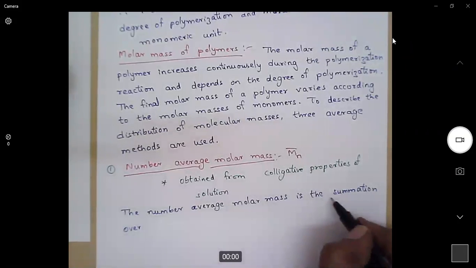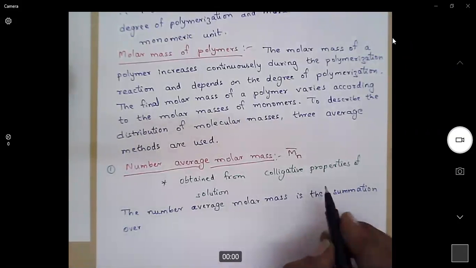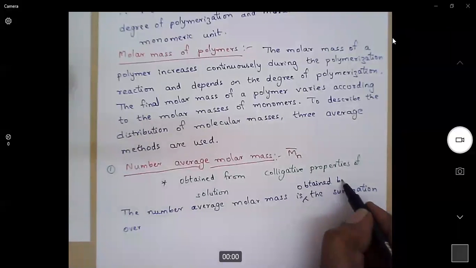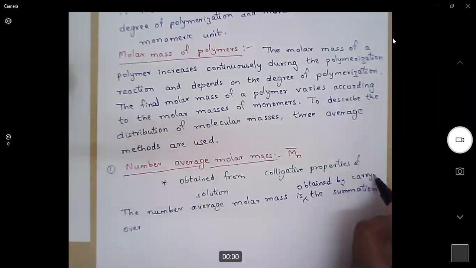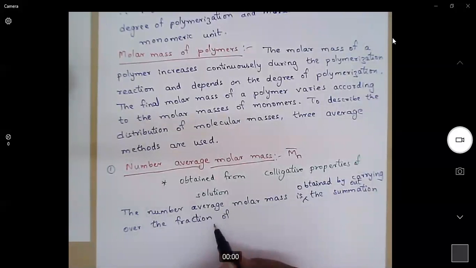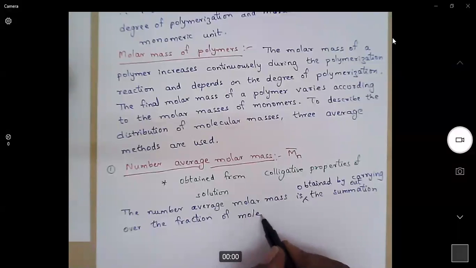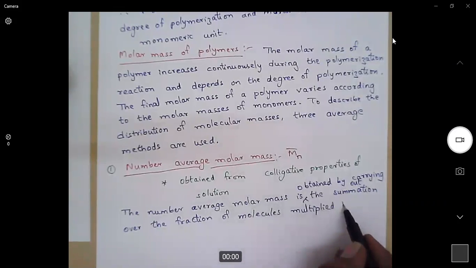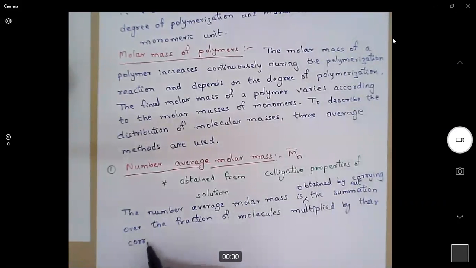The number average molar mass is obtained by carrying out the summation over the fraction of molecules multiplied by their corresponding masses.